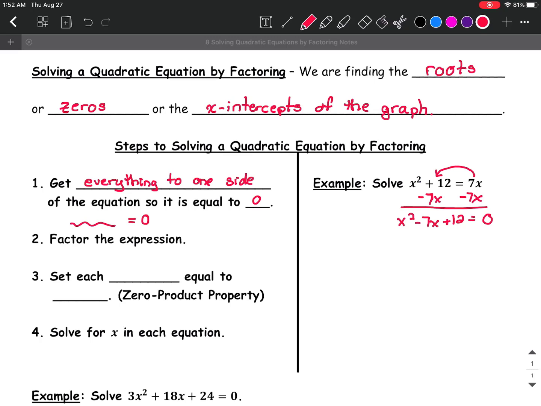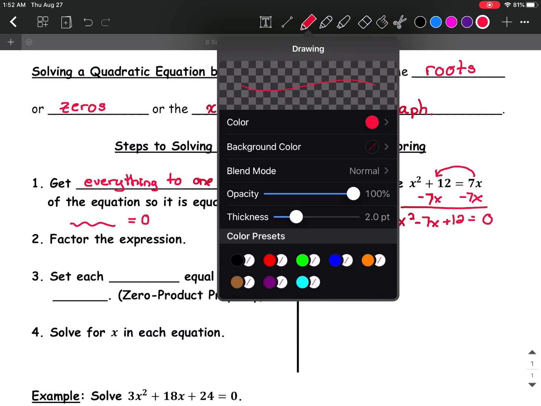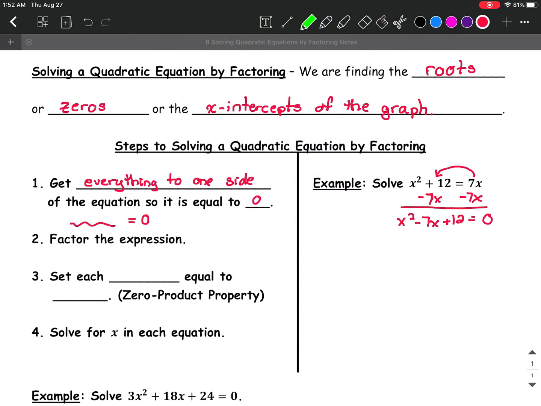Yay! Okay. Now the next step, ready for step 2, is to factor the expression. This is a trinomial, so I am factoring. I would need 2 parentheses, and my variable is x, so x goes in the beginning of each. Notice I keep writing my equals 0 here because it's an equation.